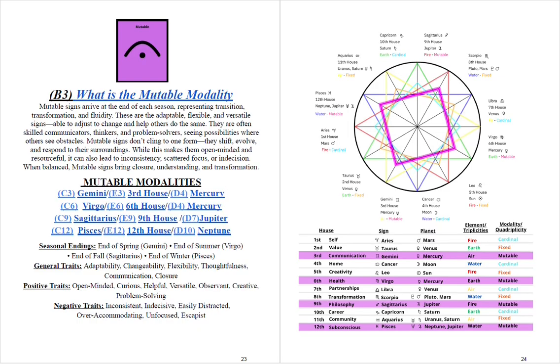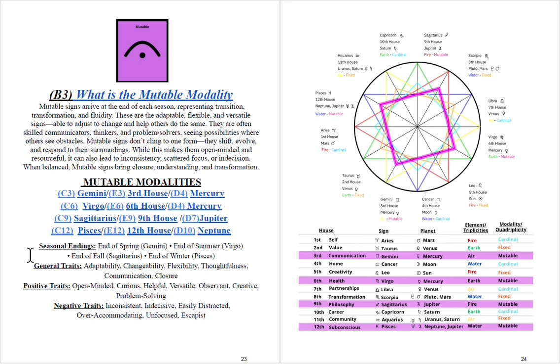Mutable signs don't cling to one form. They shift, evolve, and respond to their surroundings. While this makes them open-minded and resourceful, it can also lead to inconsistency, scattered focus, or indecision. When balanced, mutable signs bring closure, understanding, and transformation.